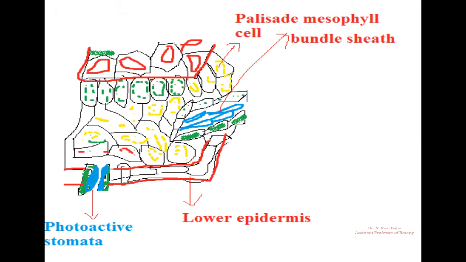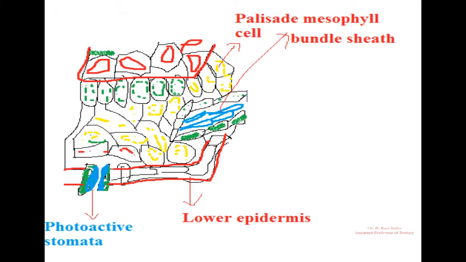The word itself indicates, dear friends: photoactive means the stomata are active in the presence of light. Scotoactive means light is not required, and the stomata are active, or kept open, in the absence of light, that is, during night times.